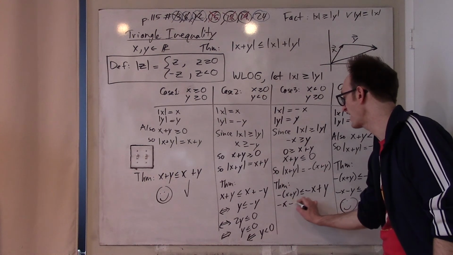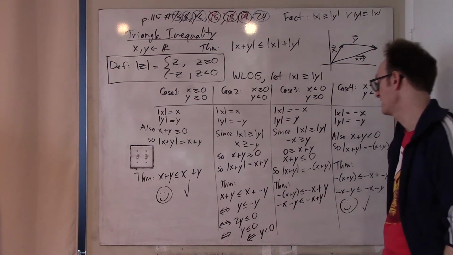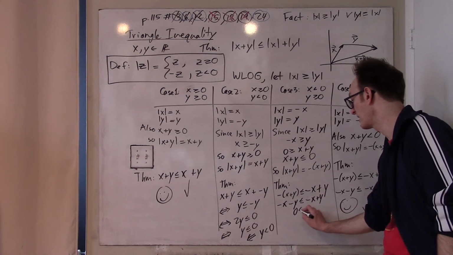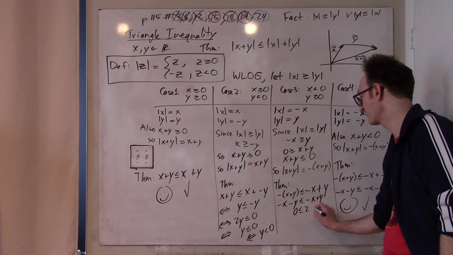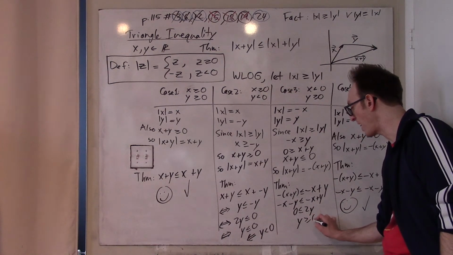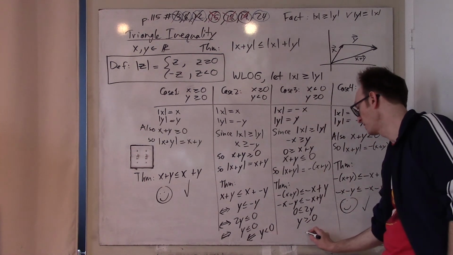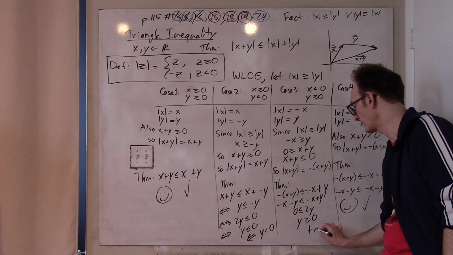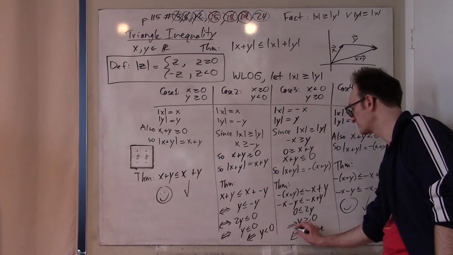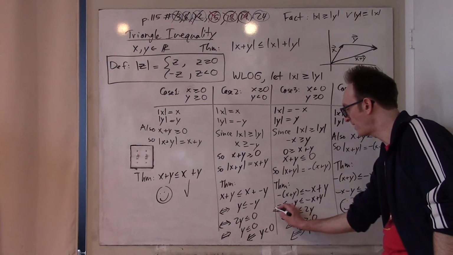This is negative x minus y is less than or equal to negative x plus y. So I can cancel the negative x's. So that's true if and only if 2y is greater than or equal to 0, which is true if and only if y is greater than or equal to 0, and that is in fact true. And so I'll just write true, and maybe not even bother with the rest.